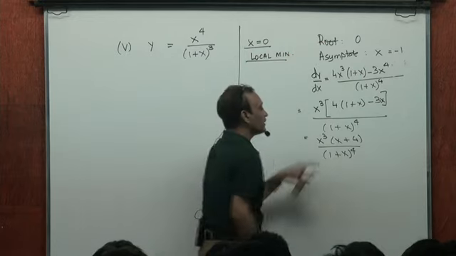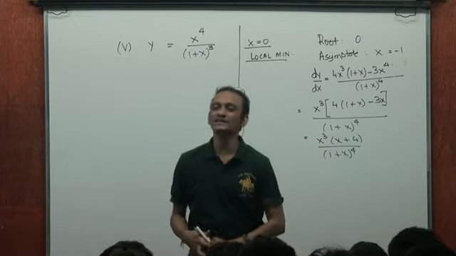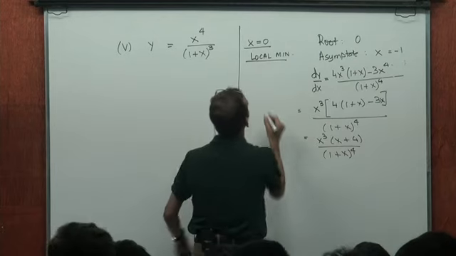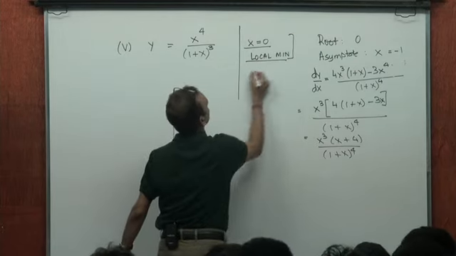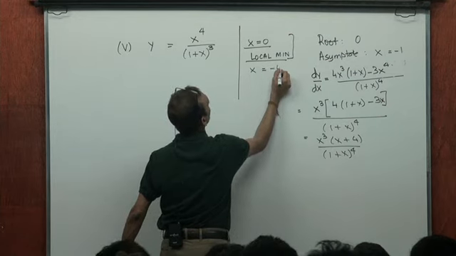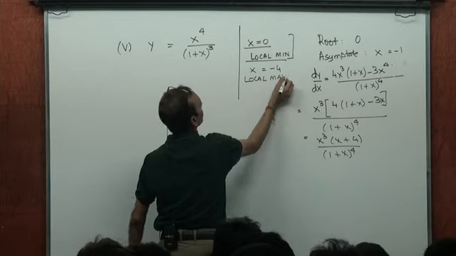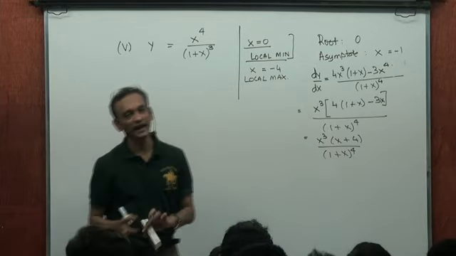And then, even without checking, you can say x equal to minus 4 must be a local maximum.